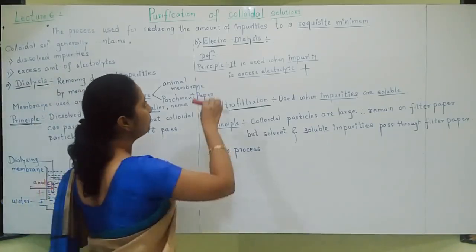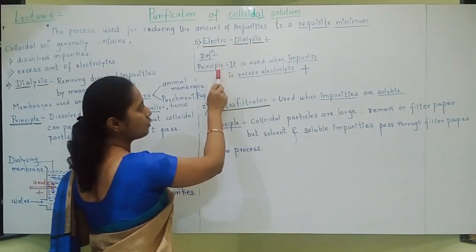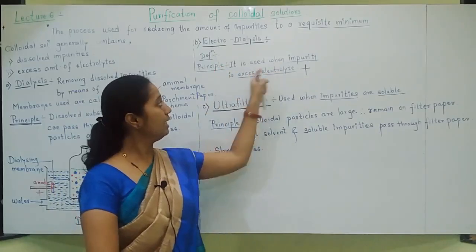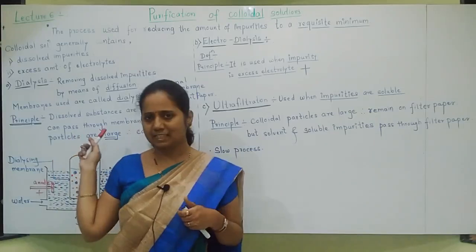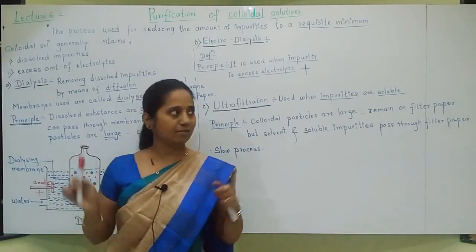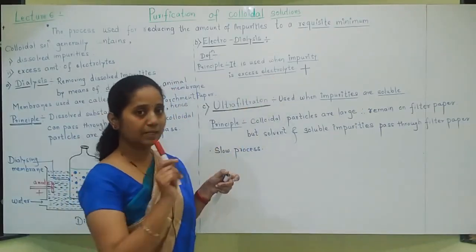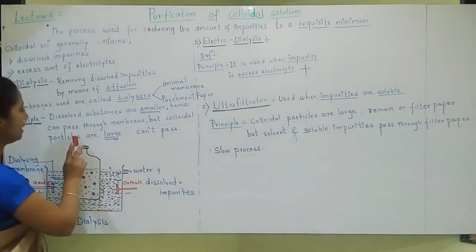So I hope you understood the method of electrodialysis. Whenever you write about electrodialysis, first you should write the definition, and secondly the principle. The principle is that this method is used when the impurity is excess electrolyte. For dialysis generally dissolved impurities will be there; here excess electrolyte will be there. Plus, in the principle you must also mention the principle of dialysis.